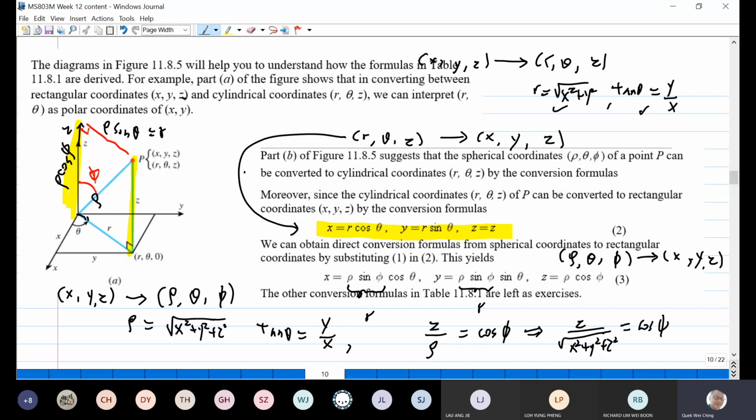I think you just remember the diagram, and you get all the things you want. Okay, so I can WhatsApp these pages to you.